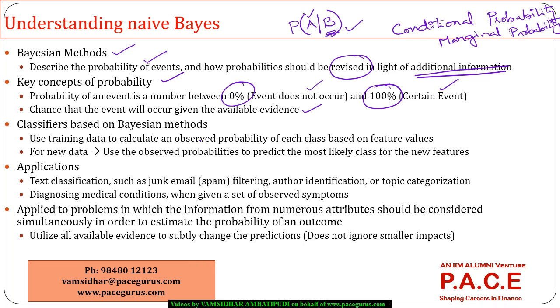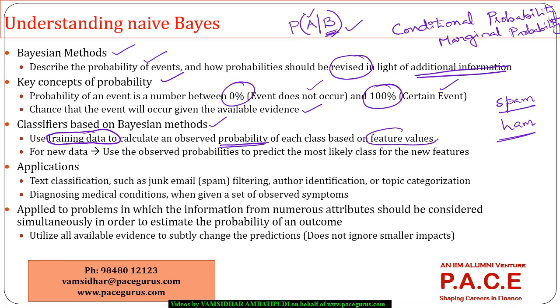So any classifier that is based on Bayesian methods, what it typically does is, first I provide training data to it. Based on the training data that I am providing, it will try to compute the probability for each class. So what is the probability that a particular message will belong to a spam, or what is the probability that it belongs to a ham?